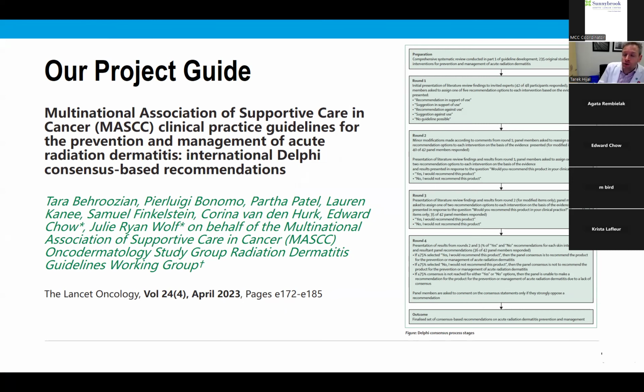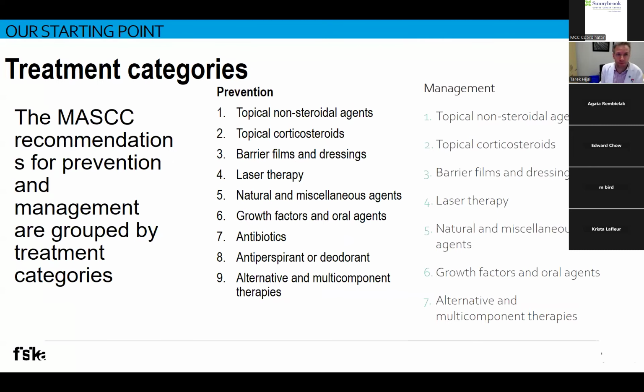We were not going to reinvent the wheel. We actually used the MASC project as our guide. We wanted to do pretty much the same type of methodology, not completely, using Canadian experts and reviewing the data for breast cancer. So we divided the treatments into the same categories as in the MASC project.